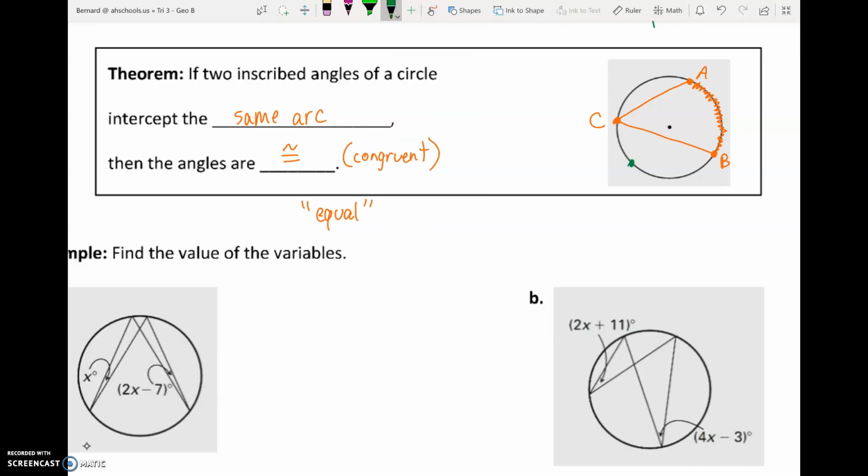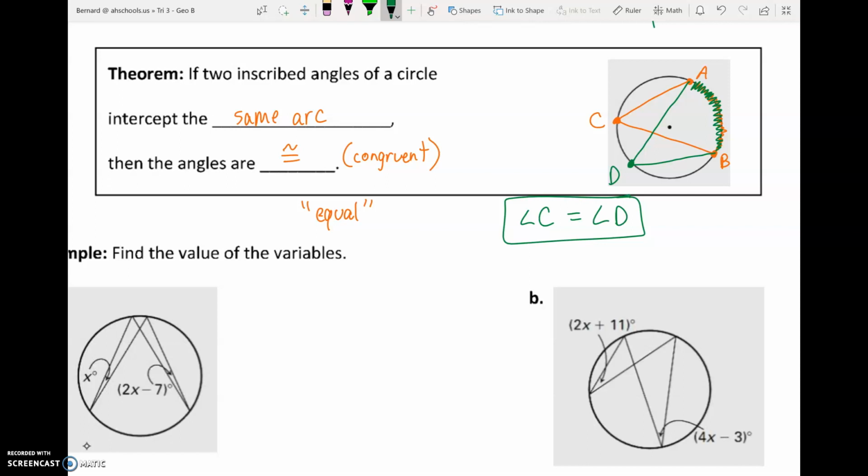Let's say I have a D down here. Let's say D opens up to A and to B. And so angle D intersects at A and intersects at B as well. And so angle D opens up to the exact same arc. They intercept the exact same arc. Well, when that happens, we would then know that angle C equals angle D, right?